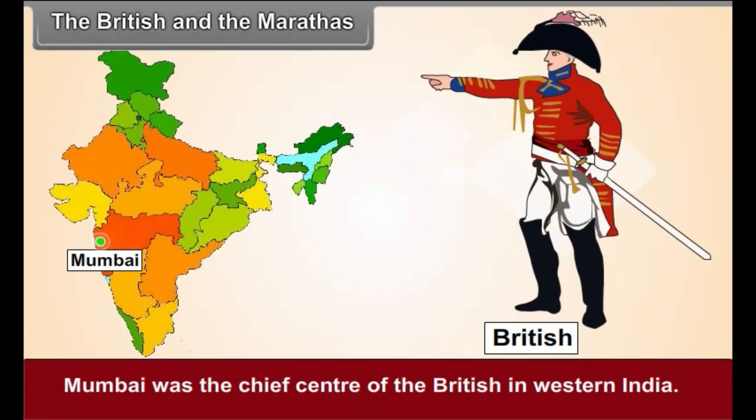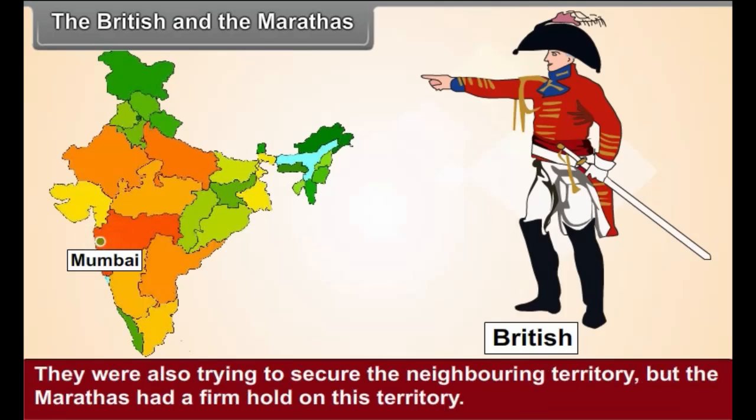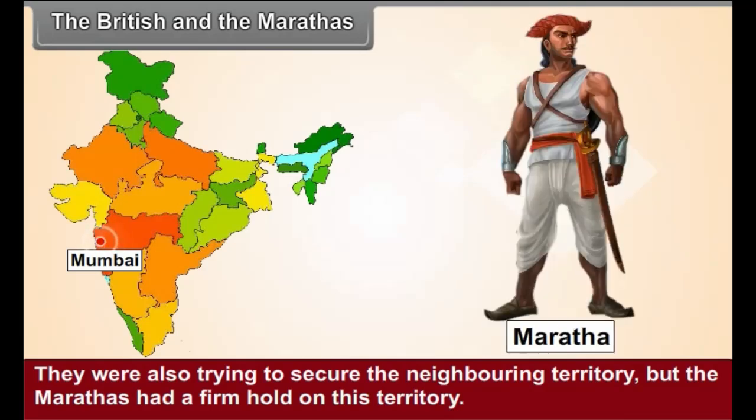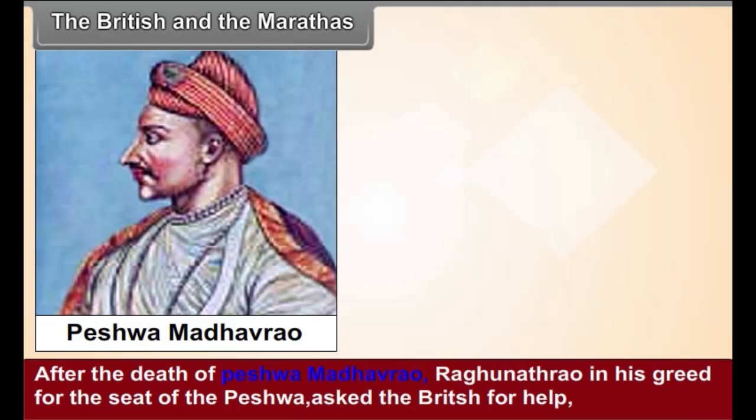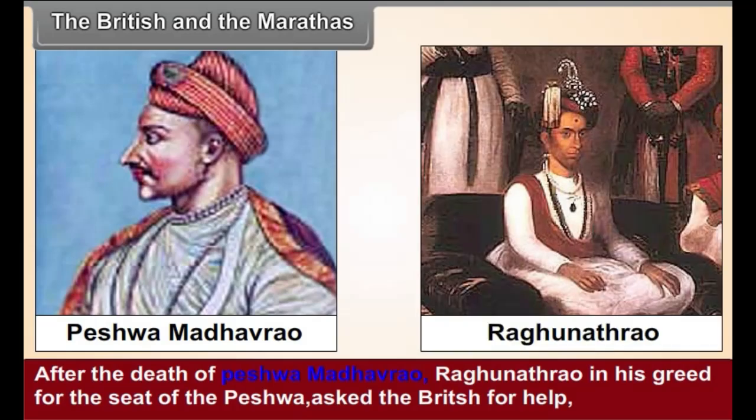The British and the Marathas. Mumbai was the chief center of the British in western India. They were also trying to secure the neighboring territory, but the Marathas had a firm hold on this territory. After the death of Peshwa Madhav Rao, Raghunath Rao, in his greed for the seat of the Peshwa, asked the British for help.